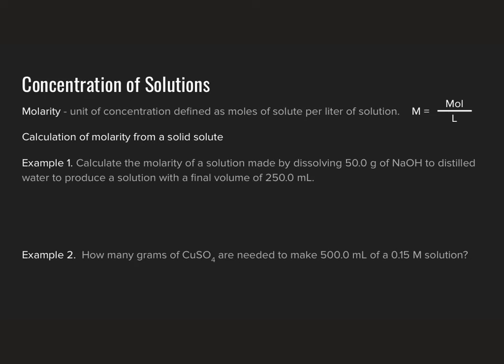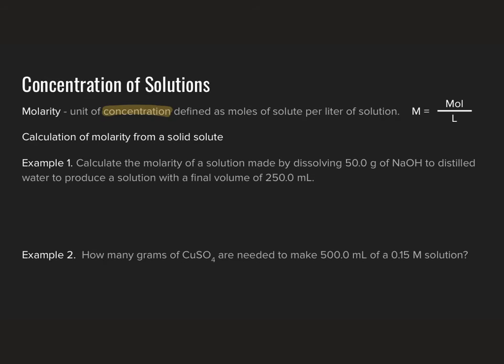Now that we've had a look at the conductivity within solutions and the differences between electrolyte versus non-electrolyte solutions, we're next going to have a look at another property of solutions, which is the concentration, or the degree to how much of the solute has dissolved in the particular solvent. We measure concentration of aqueous solutions generally using a unit called molarity.